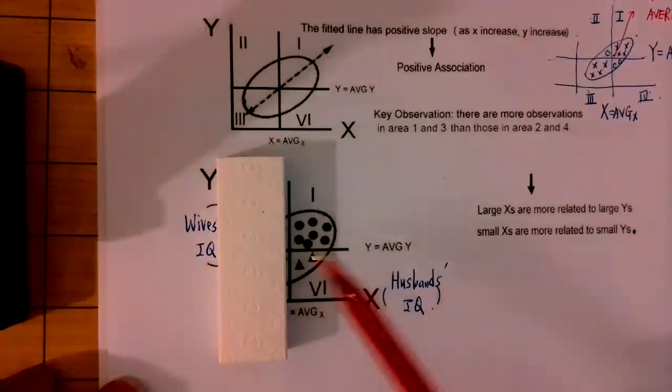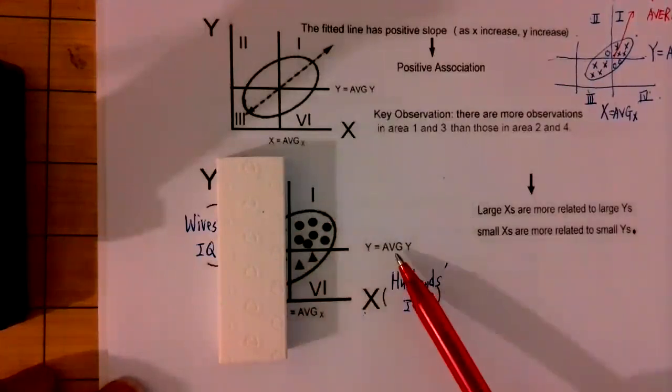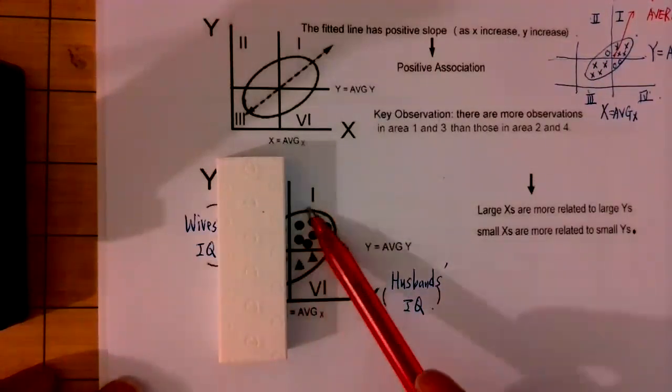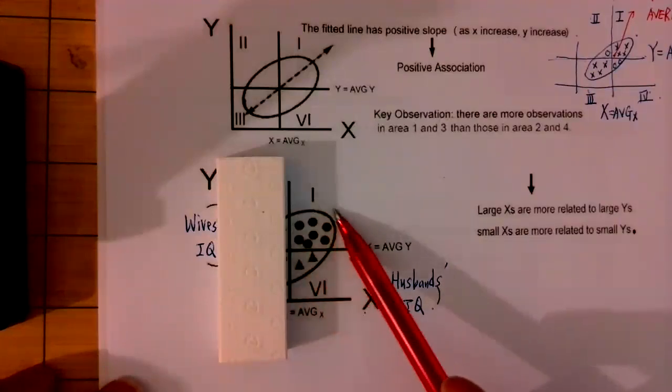Why do I call them large Y's? Because for those observations, their Y values are greater than or equal to average Y. Okay, let me try one more time. Large X are related to large Y's, but also related to small Y's. But large X are more related to large Y's.